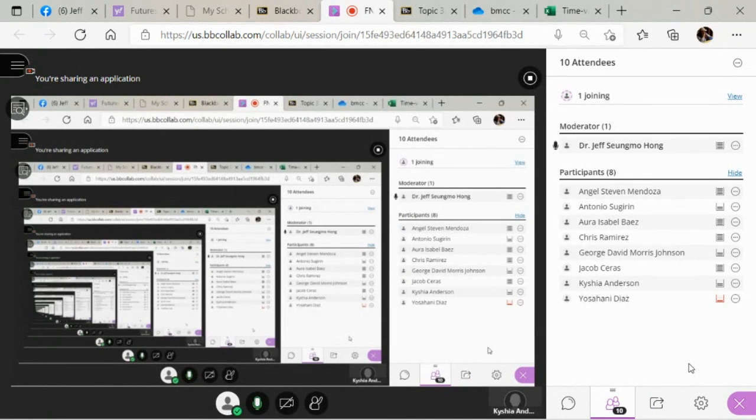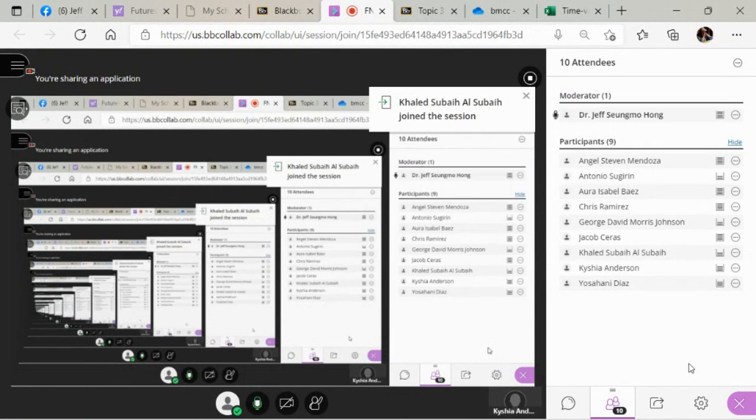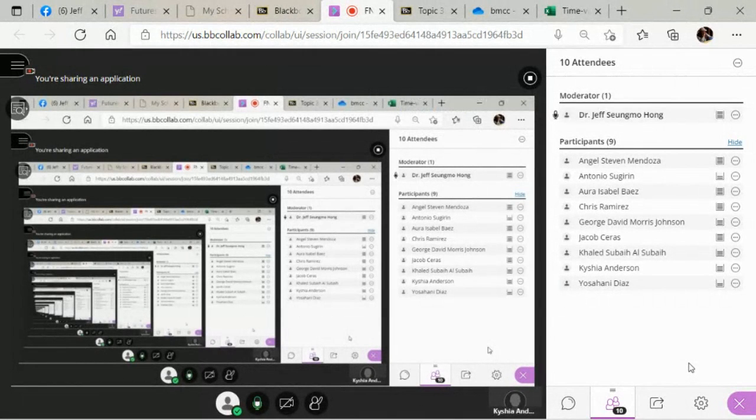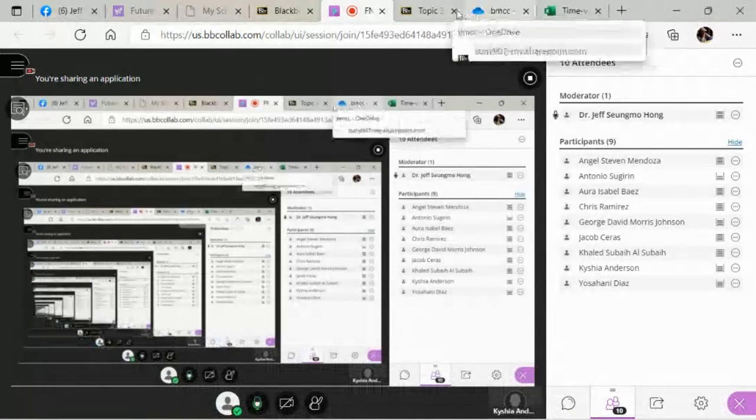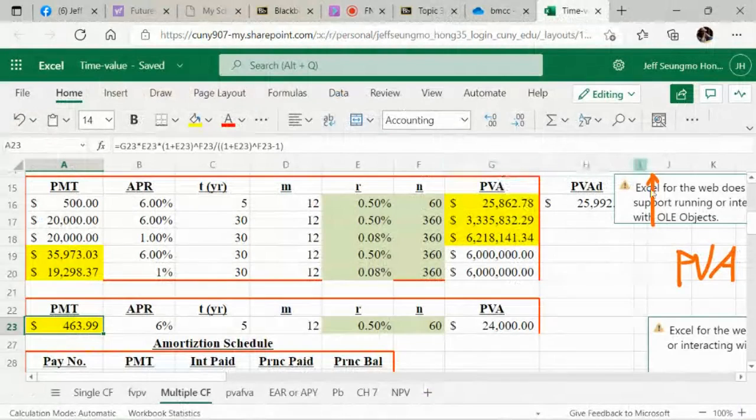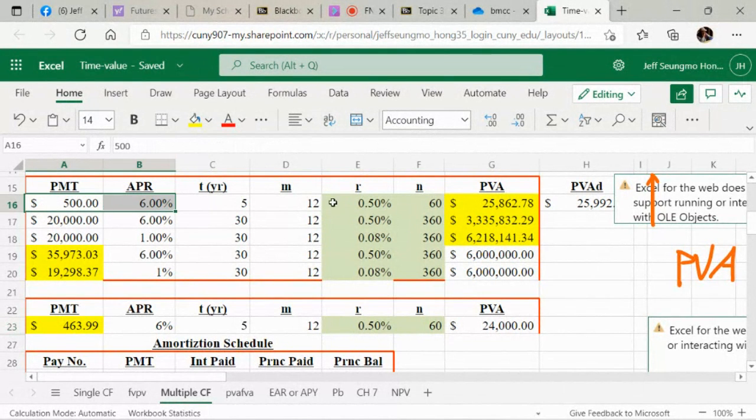But another good news is I got the whiteboard back, so I can use the whiteboard freely. But I'm still struggling with, for example, Excel. I can use Excel only this way. This is a disaster.